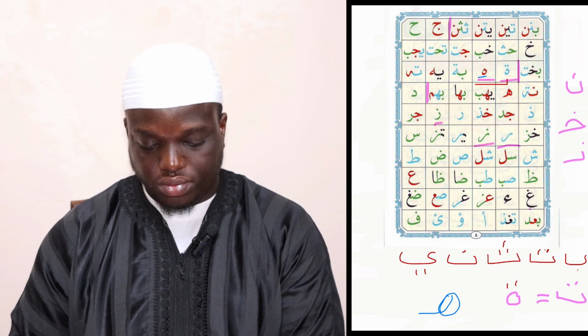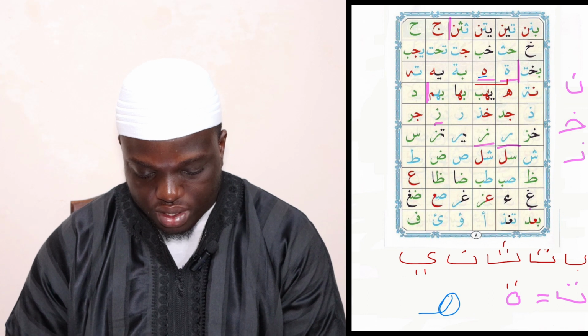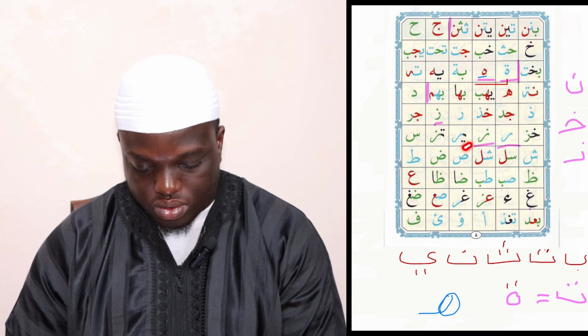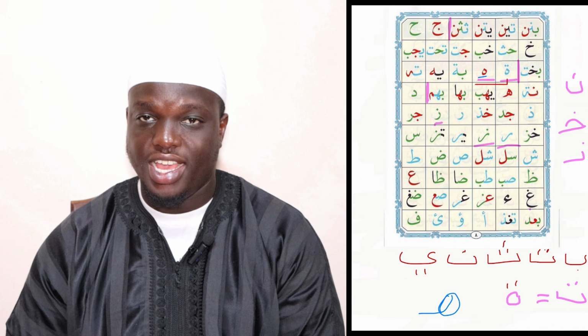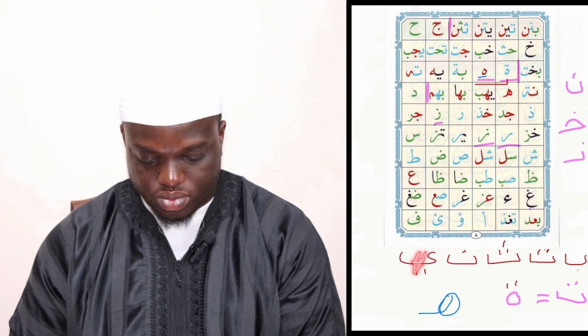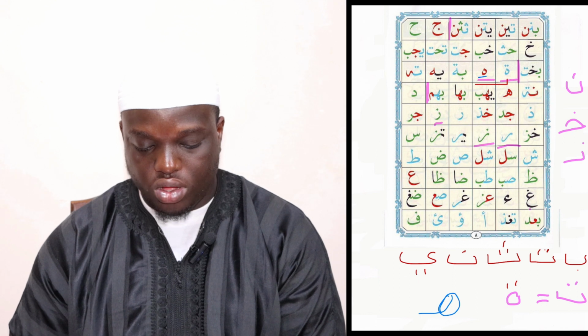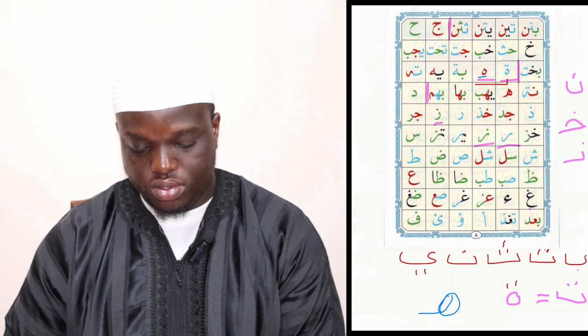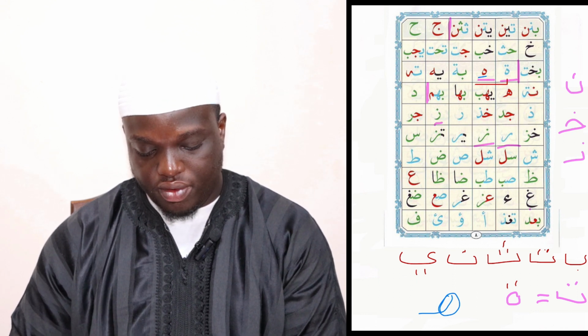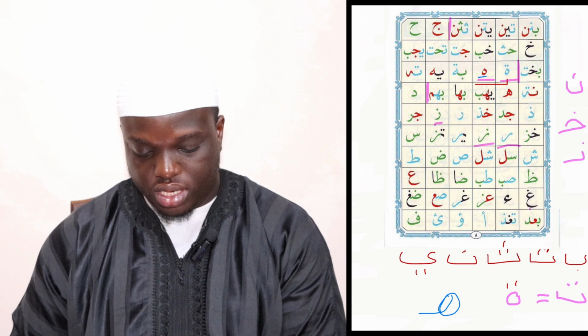So we have two dots below. We know this is what? Ya. So ya ra. Two dots above. We know this is what? Ta.